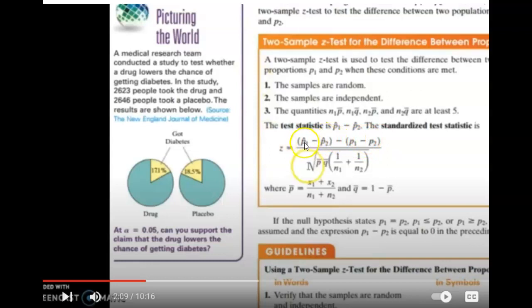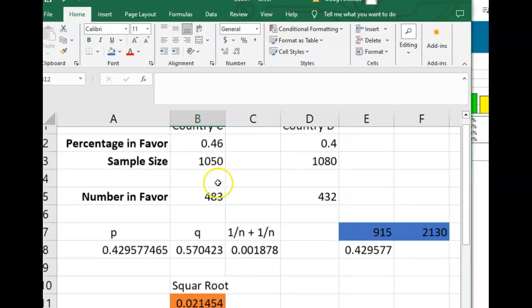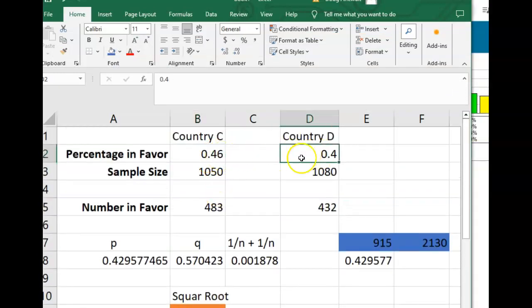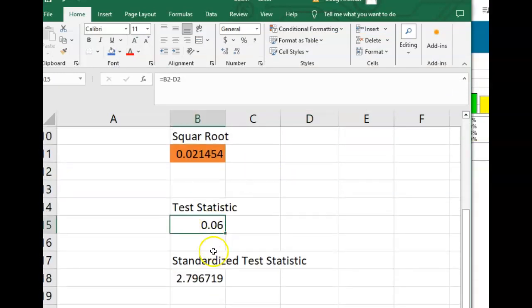So all we really are doing on top is subtracting the two sample proportions, P1 hat minus P2 hat. So the top's pretty simple. It's going to be these two sample proportions subtracted, 46 minus 40. That is the test statistic, not the standardized one, but those two subtracted is the test statistic.